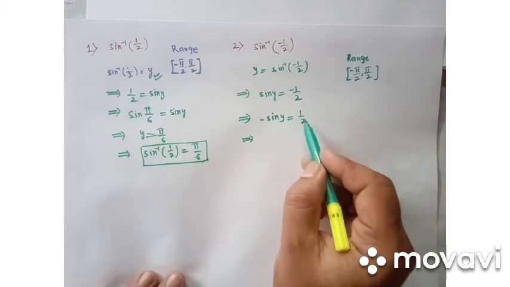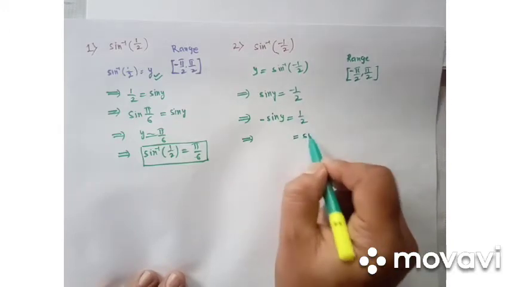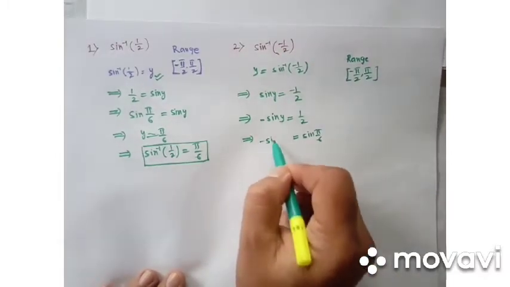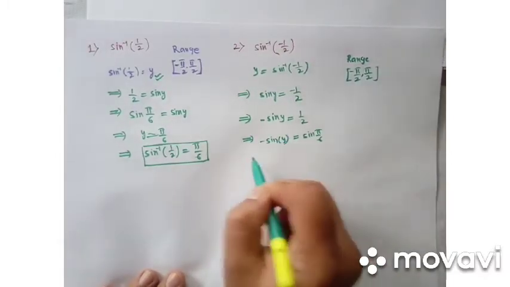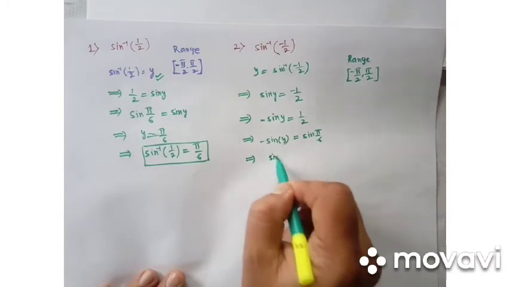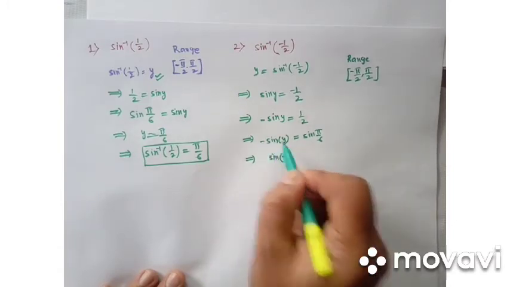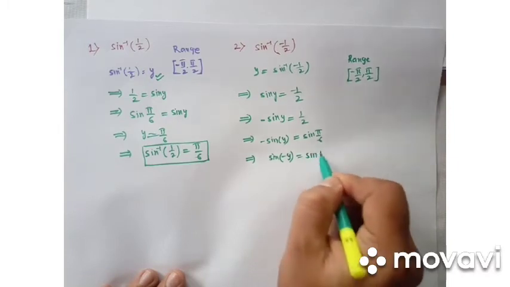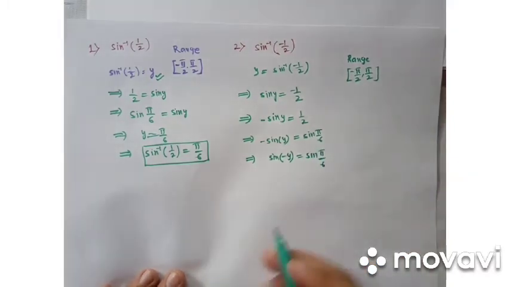Now sin 1 by 2 will be applicable for sin pi by 6. Minus sin y can be written as sin of minus y, so it is equal to sin pi by 6.